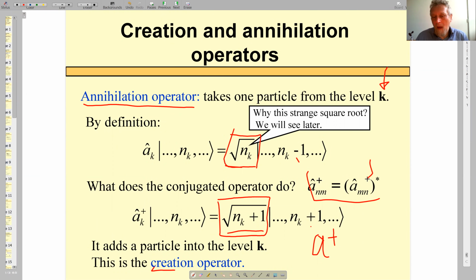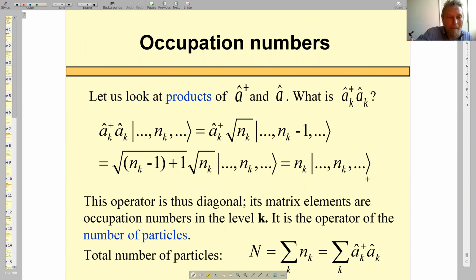Okay, good. So we define the operators. And let's do some simple algebra with this, because the only way to understand how useful this is, is to do something. Let me look at the products of the creation and annihilation operators.